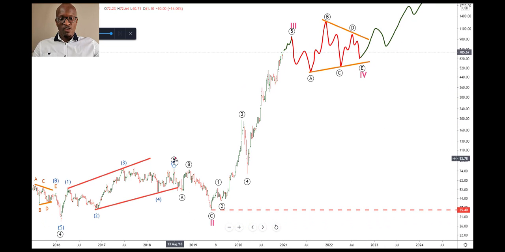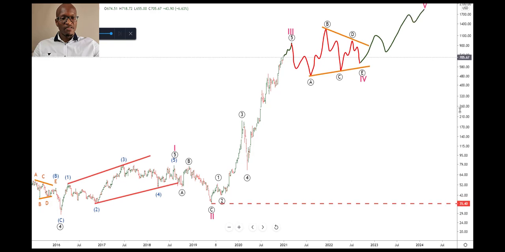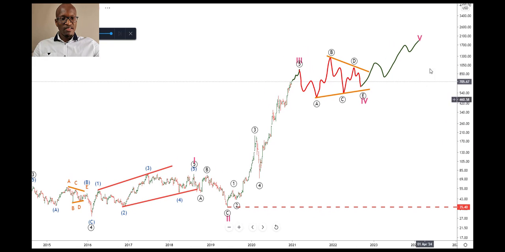We've completed wave 1. We've completed this wave 2. We seem to be almost complete with this wave 3. Now we need to make wave 4 and wave 5. So all in all, the bull market is still intact.